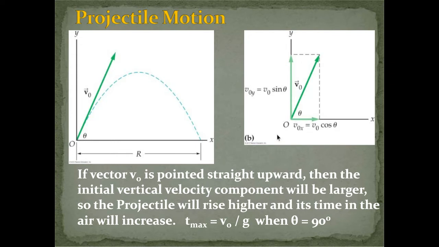And we treat each motion separately and then combine the results. The one thing, as I said earlier, that stays the same for each type of motion is the time. So we're going to treat two-dimensional motion as one-dimensional motion in the x direction and one-dimensional motion in the y direction, and then we combine the results.